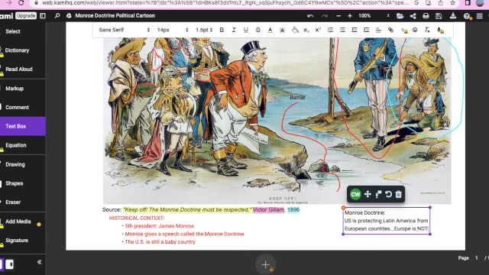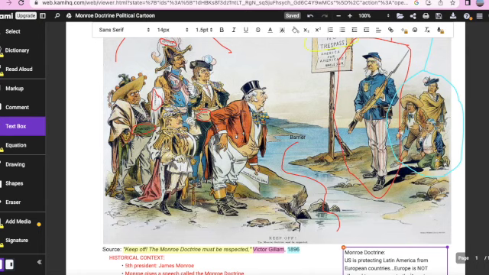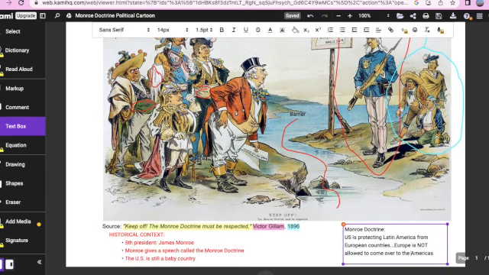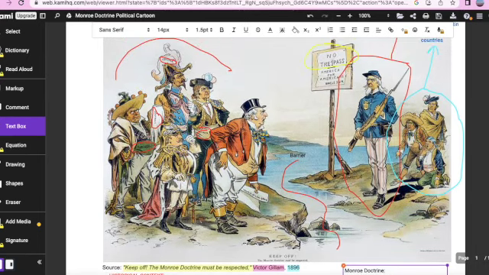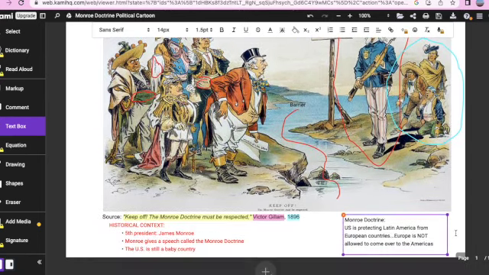Europe is not allowed to come over to the Americas in general, right? North America and South America. The Americas. So that's what I get from this political cartoon. The United States is protecting Latin America from European countries. Europe is not allowed, right? No trespass, keep off. They're not allowed to come over to the Americas.